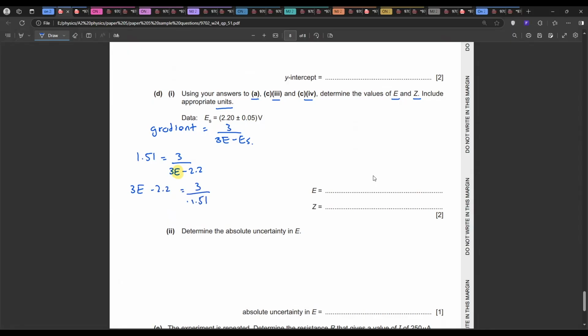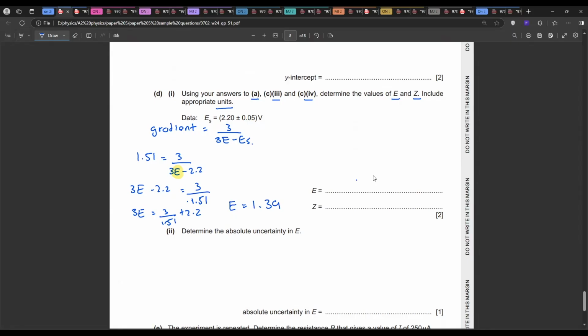Simple. Now 3E is equal to 3 divided by 1.51 plus 2.2. Can we calculate this? Okay. Divided by 3. Your value of E comes out to be 1.39.